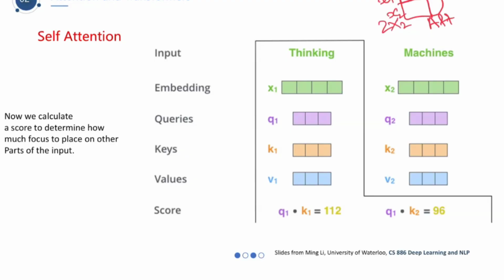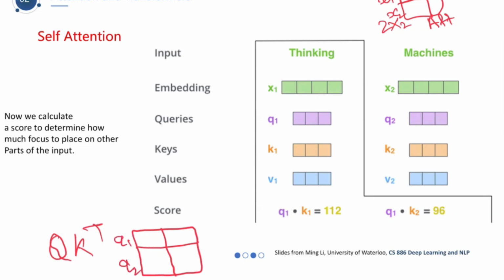Now if I see in this space, what I was doing was Q into K transpose. Okay. So if I write this here, again we have a 2 by 2 matrix in this case. So what is Q? Q1 and Q2: query of thinking and query of machine.